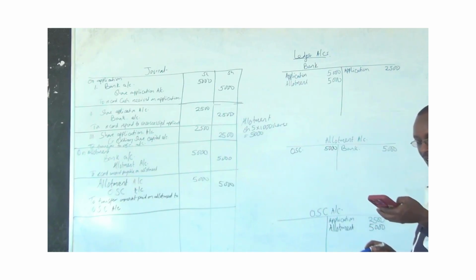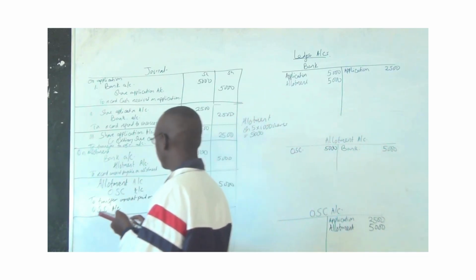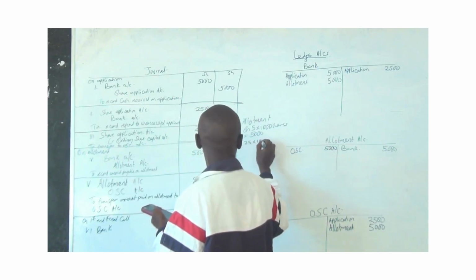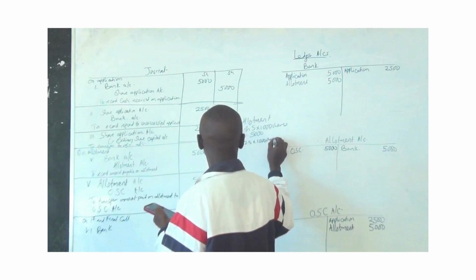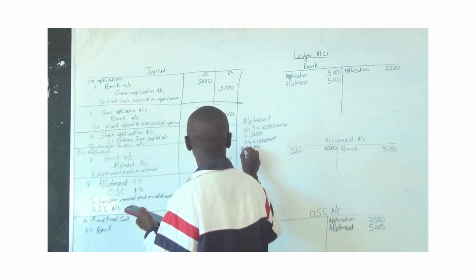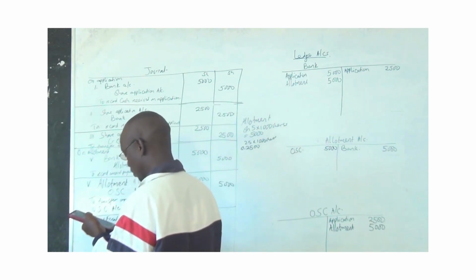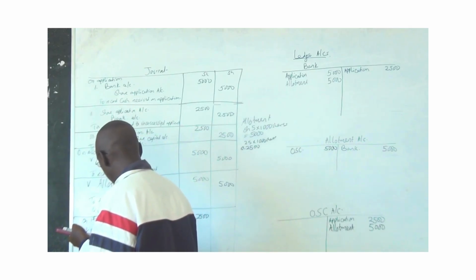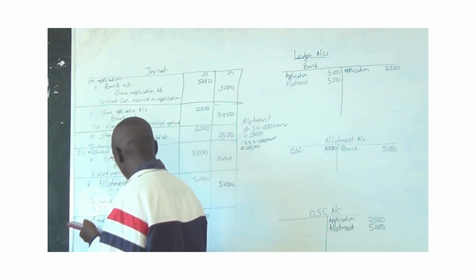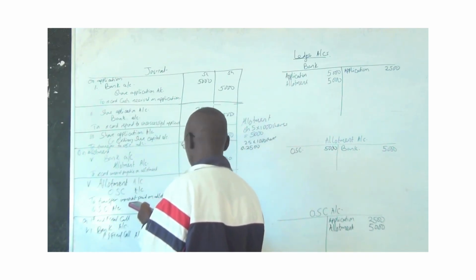Okay? And lastly, on first and final call, the call is 2.5 times 1,000 shares. It will give you 2,500 shillings. So here you receive 2,500, and then this is first and final call 2,500.